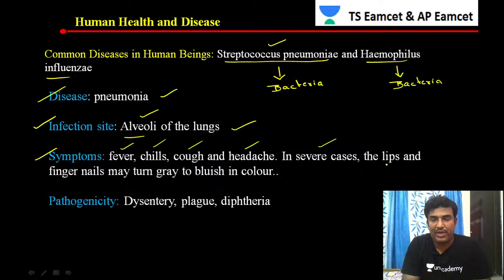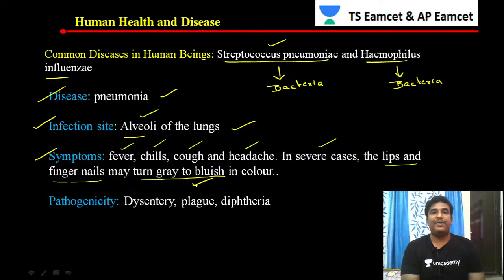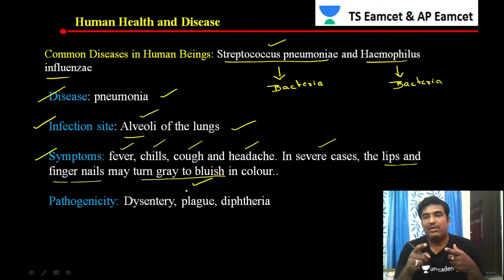This is a very important point, generally asked routinely in multiple choice questions in the NEET examination as well as the EAMCET examination. We have to remember this, students.